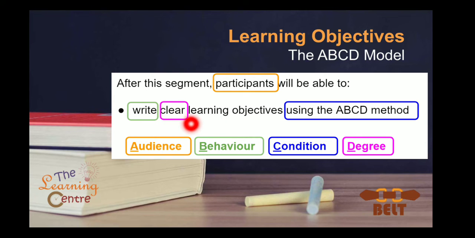So write clear learning objectives using the ABCD method. This is the condition and the audience is the participants. Let's go over it again. After this segment, participants will be able to write clear learning objectives using the ABCD method. So this is how the objective should be written. This is the language for writing the objectives.